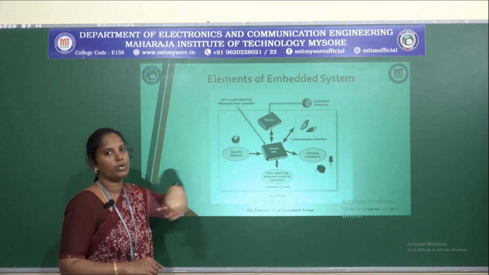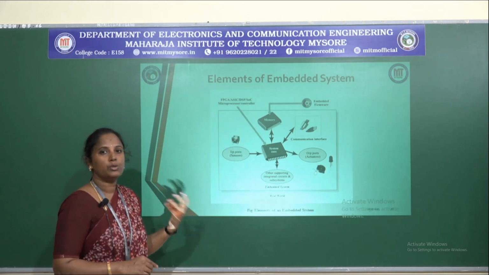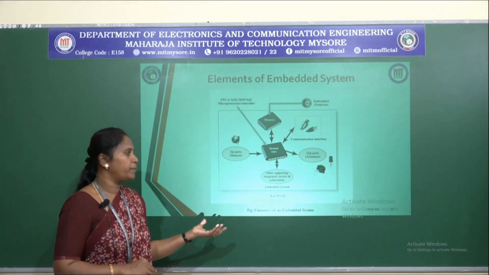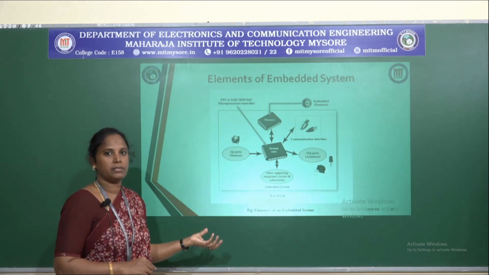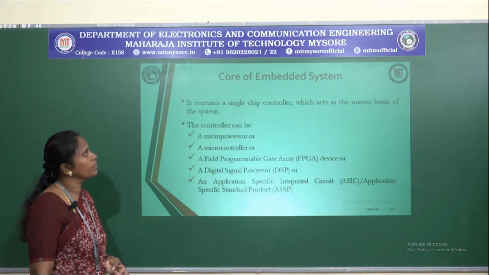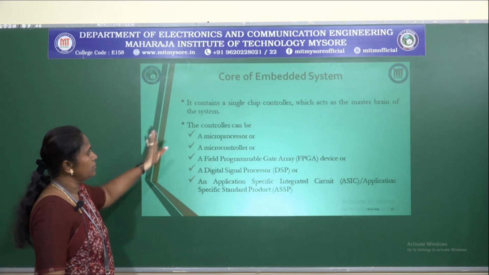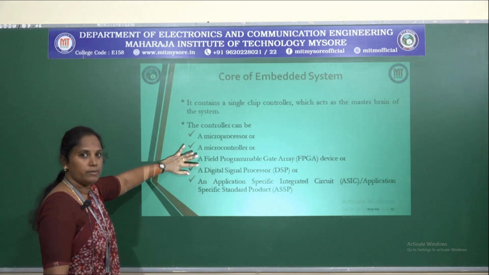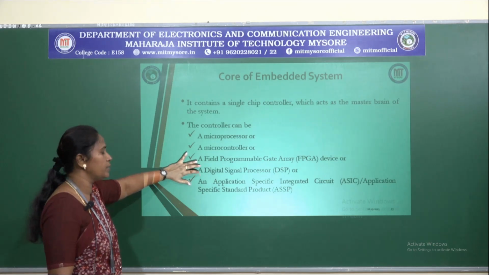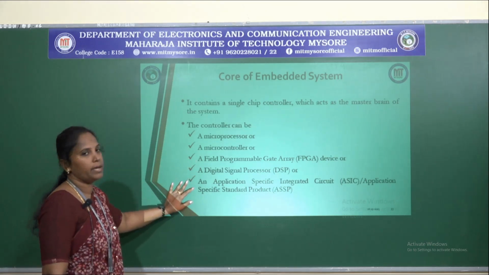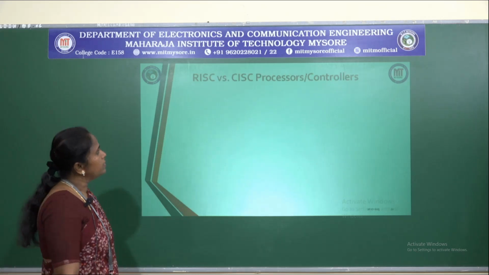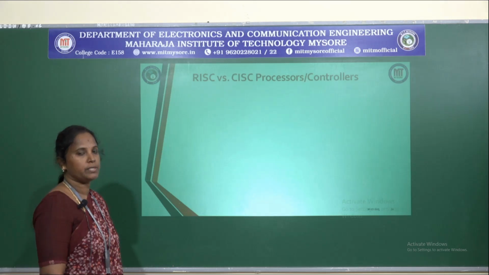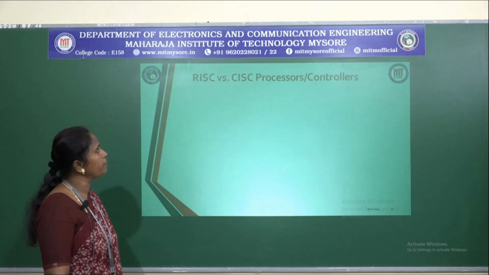Other than that, if you want additional facilities connected, they can be interfaced depending upon what type of application you are designing your embedded system for. As I just told, it consists of a processor, a controller, an FPGA, a DSP, or an application specific circuit. That is about the elements present in your embedded system.